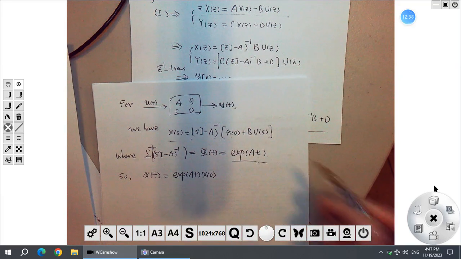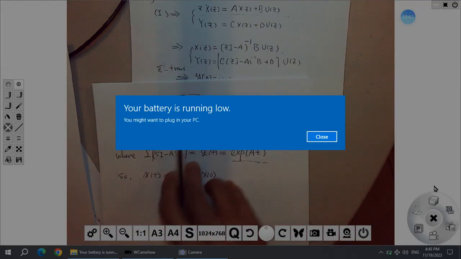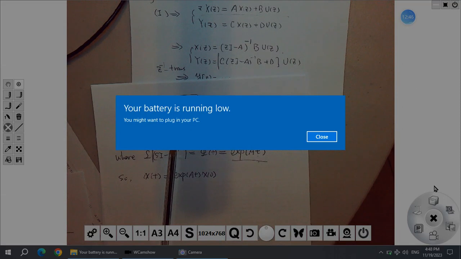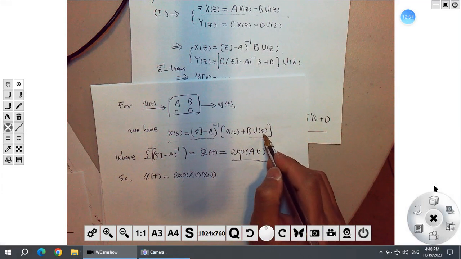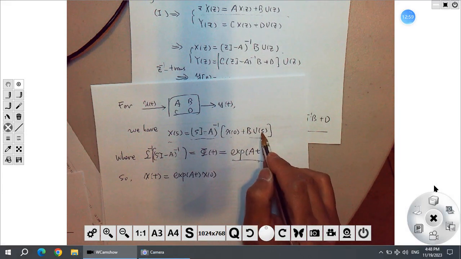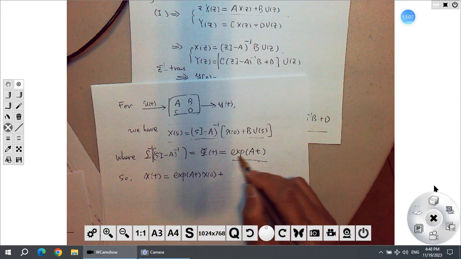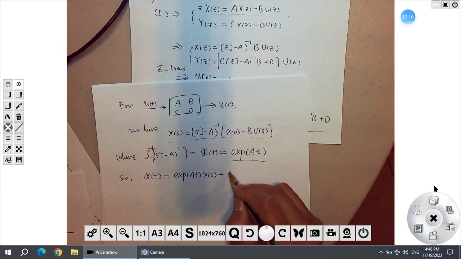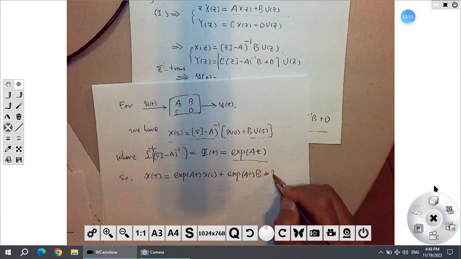And the second term, we have two factors, both are functions of s. This is a multiplication in the s domain, right? So in time domain, it will be a convolution. In time domain it is exponential power of A t times B, convolved with u of t.